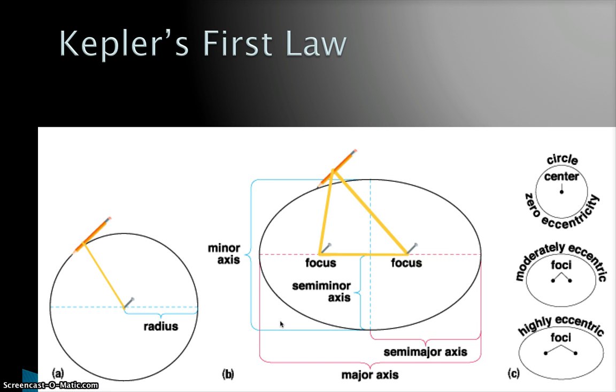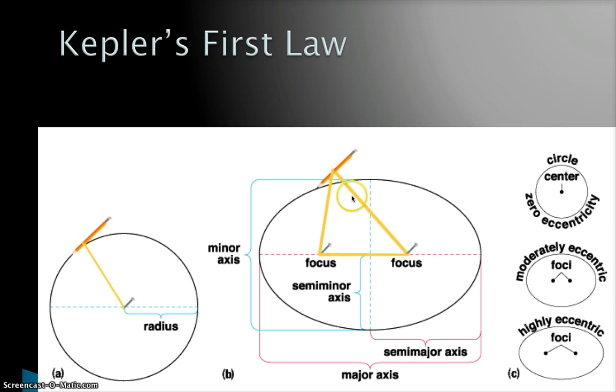So here are pictures of a circle and an ellipse. A circle has one point at the center, and there's always a constant distance from that central point to the edge. And here's a picture of how we could draw it. That distance is called the radius. For an ellipse, there are 2 special points in the center, which are called the focus points.